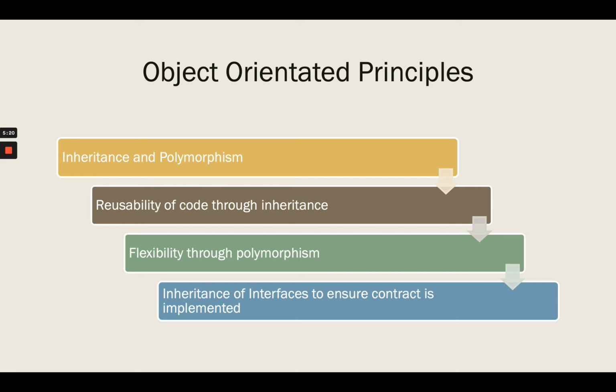And that ensured reusability of code through inheritance. And like I mentioned, because we were using polymorphism, that made it very flexible to override those methods that we had in our interfaces and then add more methods separate from what was inside of the interfaces. And like I mentioned, inheritance of interfaces to ensure the contract is implemented.